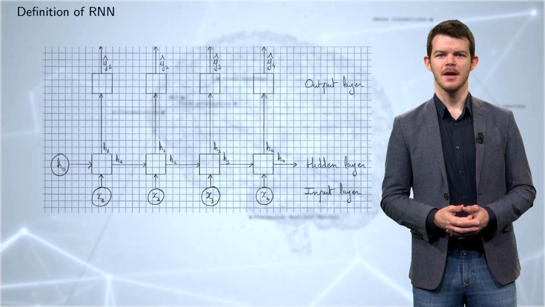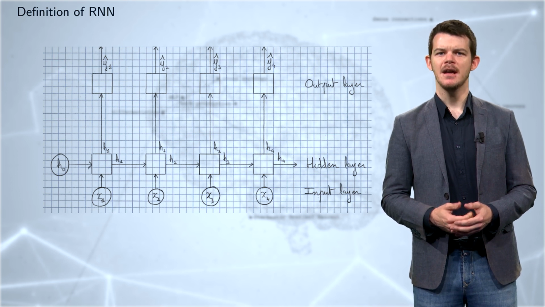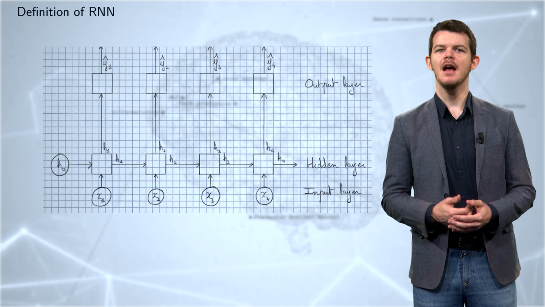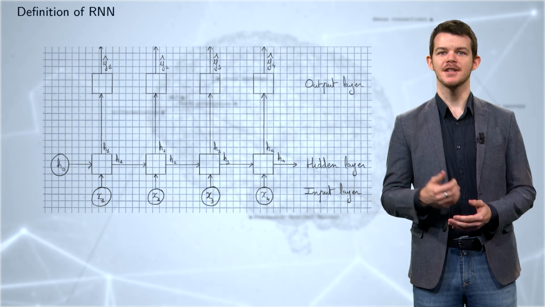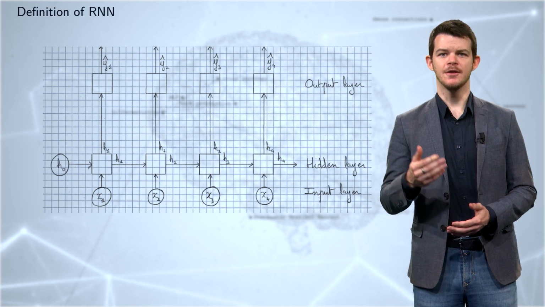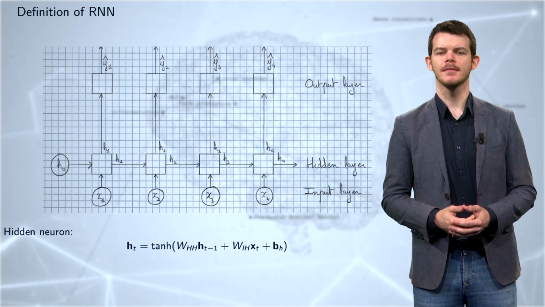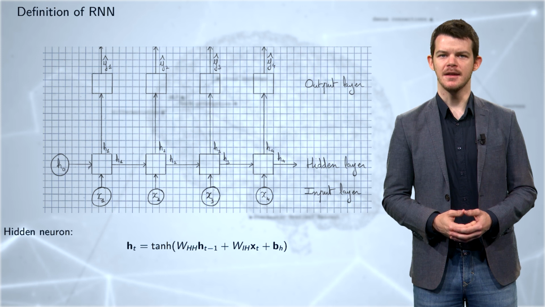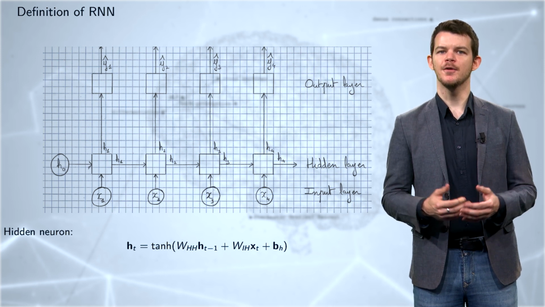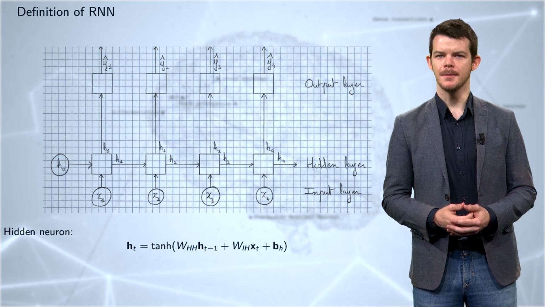More precisely, the operation used to create the next hidden state Ht is given by the hyperbolic tangent applied to a linear combination of the input xt and the previous hidden state Ht-1 plus a bias Bh. This is written in the first formula. Here, the hyperbolic tangent is applied component-wise, meaning that it is applied to each component of the resulting vector separately.